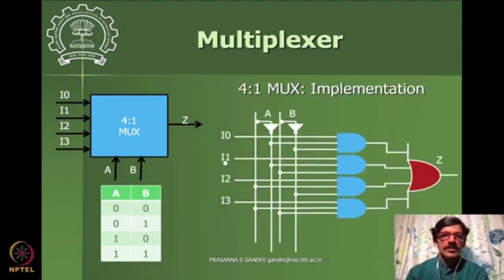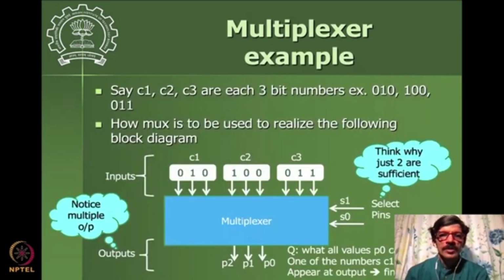This is a way the multiplexer can be implemented. I0, I1, I2 are the inputs that are coming in, and then these are the select pins, and depending upon the select pins you get the multiplexer implementation. The Z output is coming out. Like that you can have many different examples.